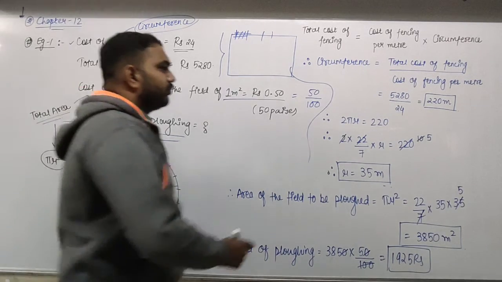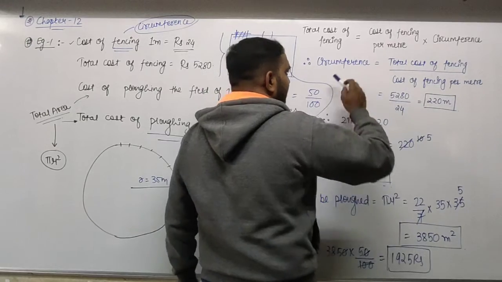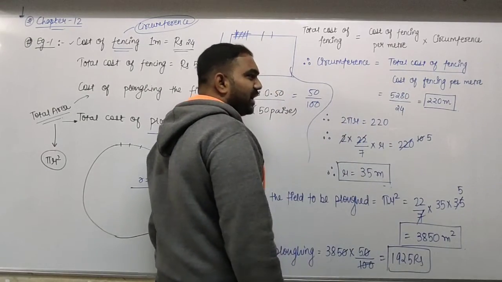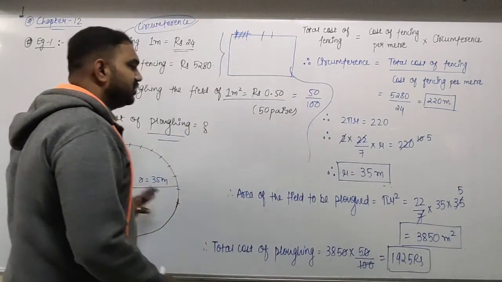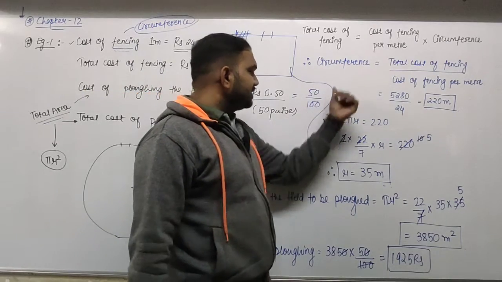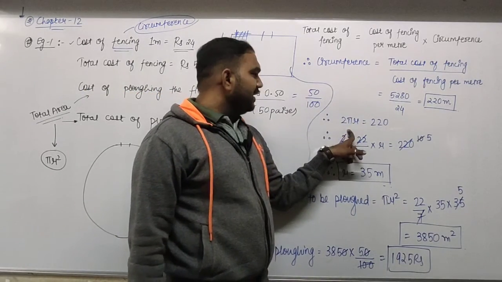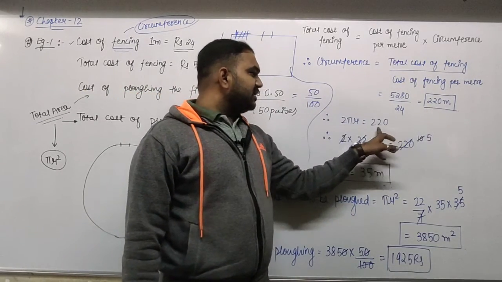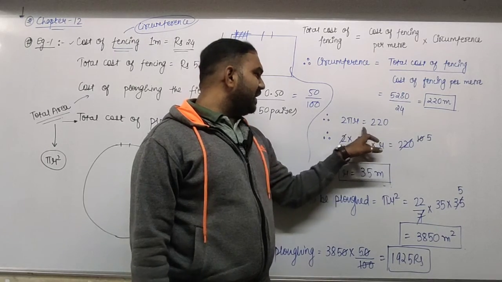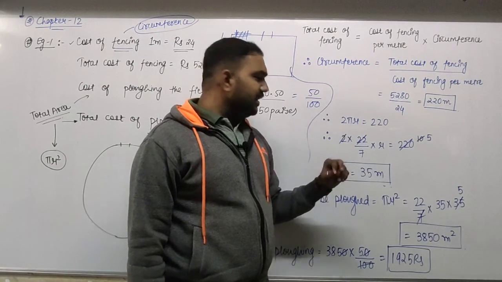Right? Now 220 meter. We know the formula. Circumference is equals to 2 pi r. Value of the circumference we got 220. So 2 pi r is equals to 220.